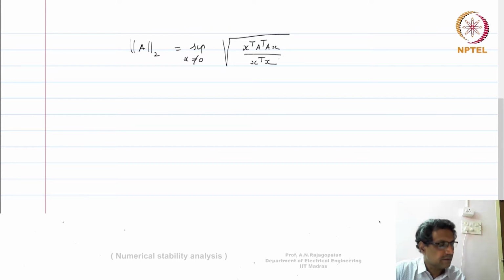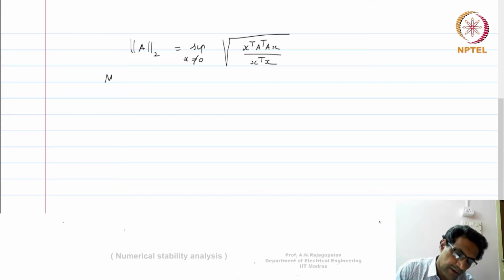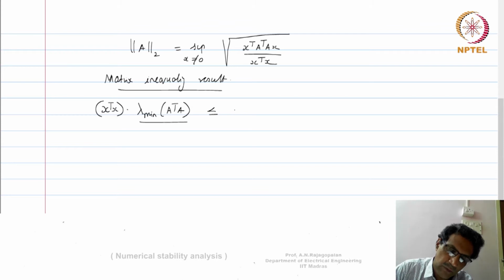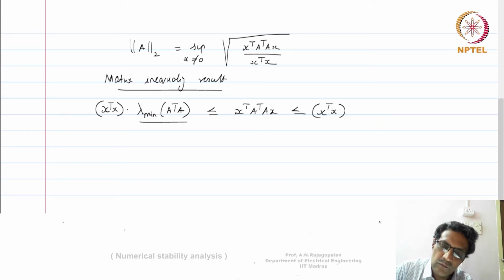Now there is a matrix inequality result which says that x transpose x times lambda min of A transpose A, the minimum eigenvalue of A transpose A, is less than or equal to x transpose A transpose A x, and this in turn is less than or equal to x transpose x times lambda max of A transpose A, where x is a vector.